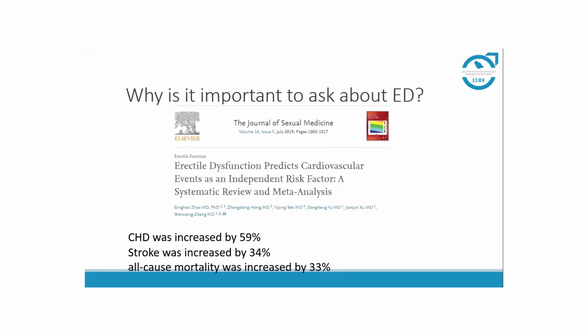They will have a higher chance of developing a stroke, and they will have higher all-cause mortality than those who don't have erectile dysfunction. So it's a very important independent risk factor to diagnose and treat accordingly, and to try to modify as much as possible the risk factors that cause these more serious conditions.